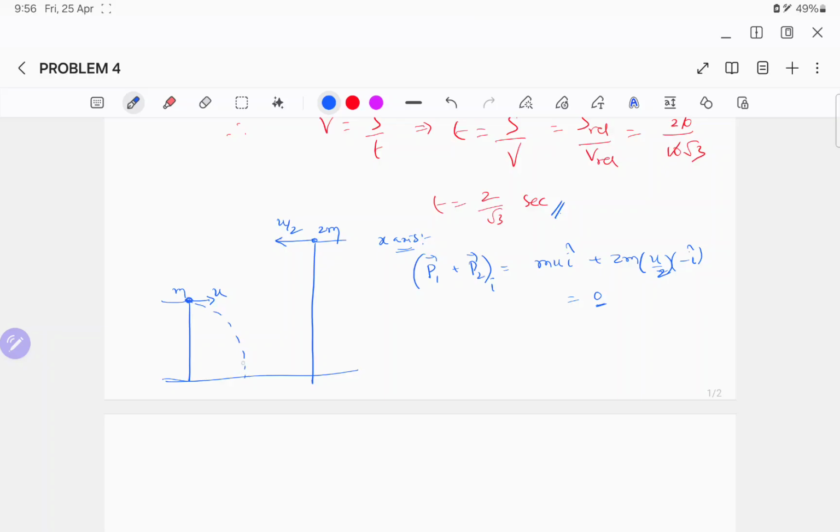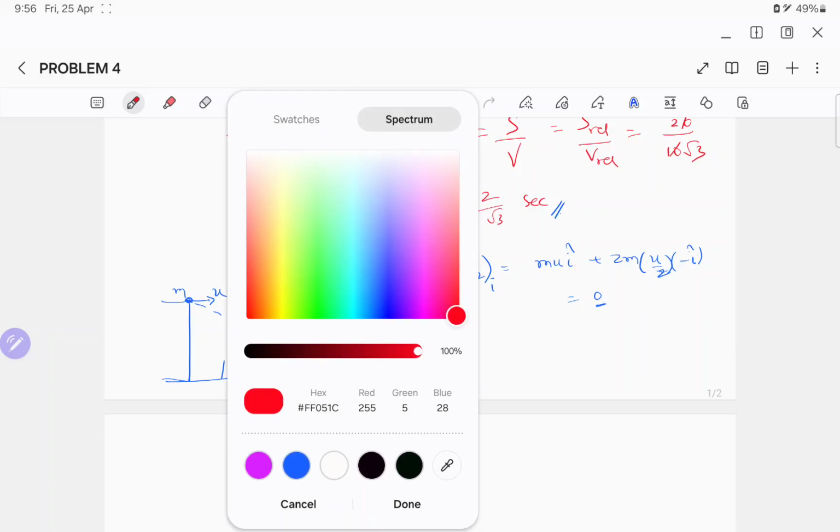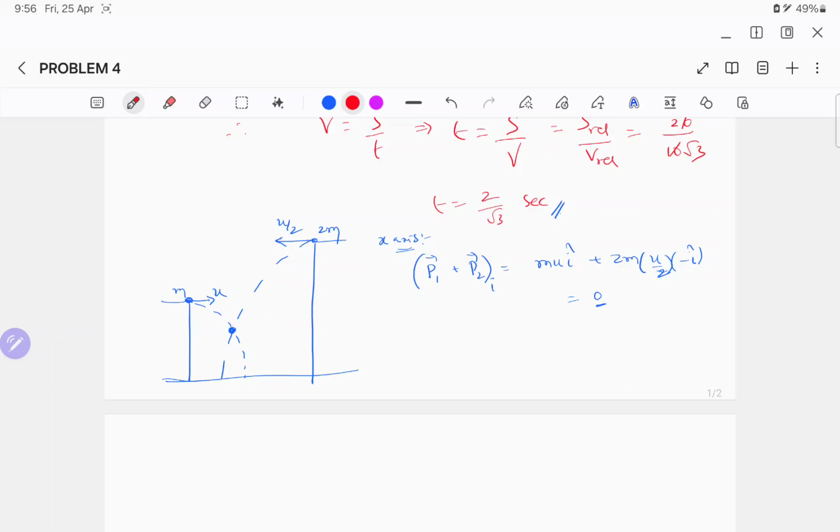Which means even when they collide here, there is no horizontal momentum for the system of two bodies after collision, right? So immediately after collision, because there is no horizontal momentum, the system has only vertical velocity. So from the point of collision it has to fall exactly vertically downward and hit the ground.